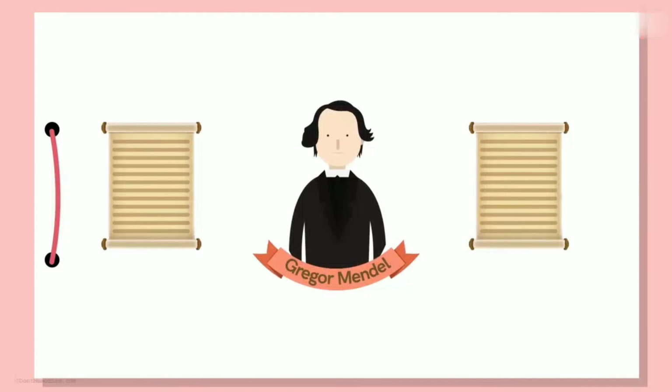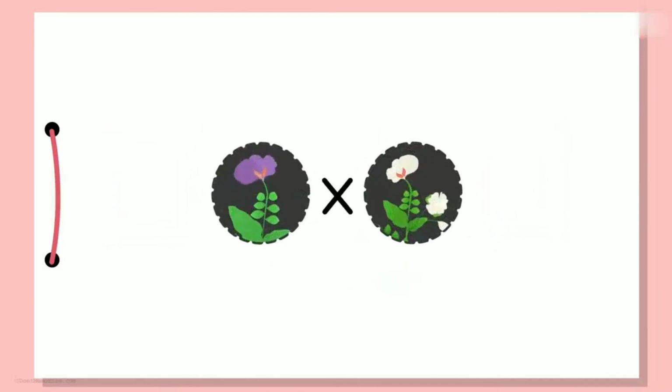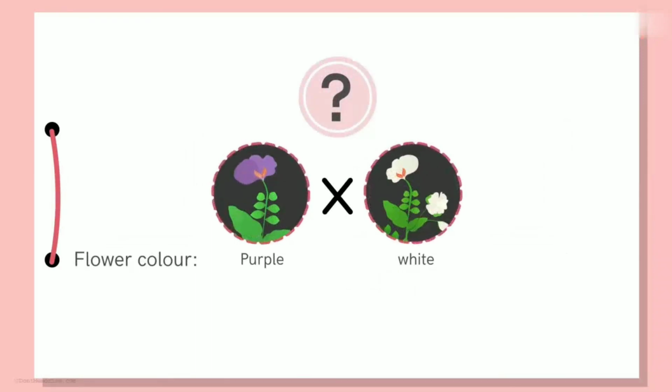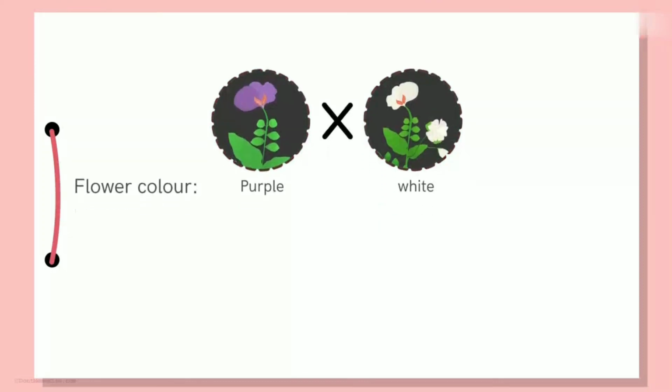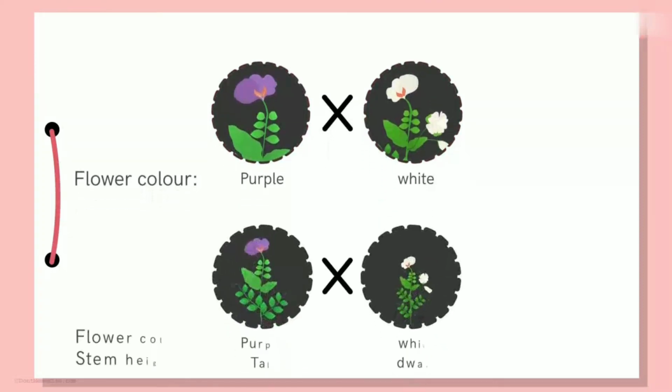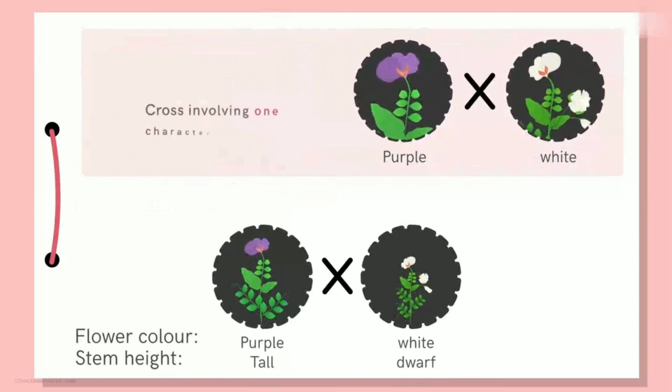So far, we've seen how Mendel crossed plants and studied one character at a time. Do you think he always crossed only a single character at a time? No. After he completed crossing all the characters individually, he crossed 2 characters at a time, followed by 3, and so on. The cross involving one character at a time is called monohybrid cross.